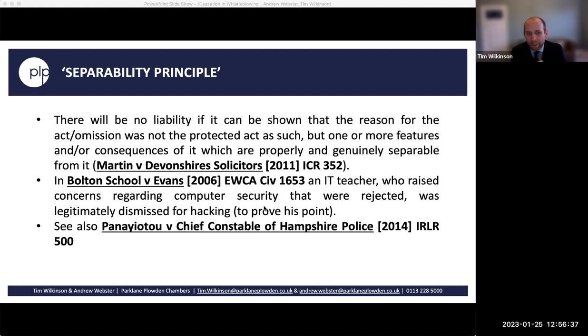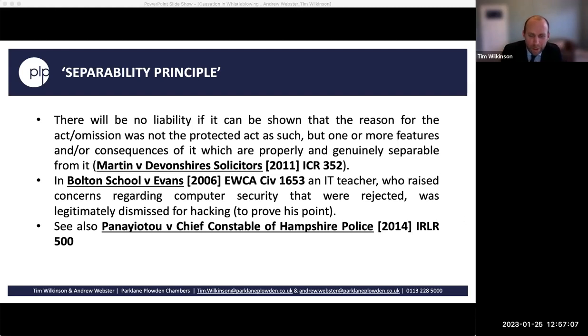But before I do, the two further cases on that slide, Bolton School and Evans. This was a claimant who hacked into the IT system effectively in order to show that it could actually be done. The ICT department, thinking quite rightly that it had been hacked, shut the systems down, and that led to costs ranging, I think, in the region of about £1,000.